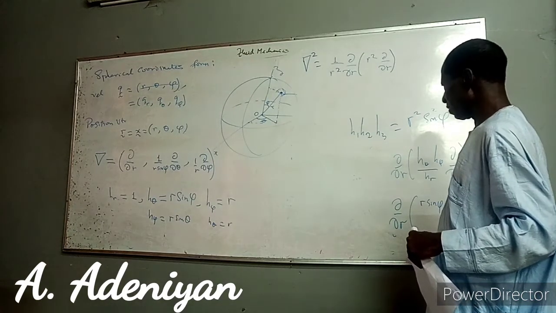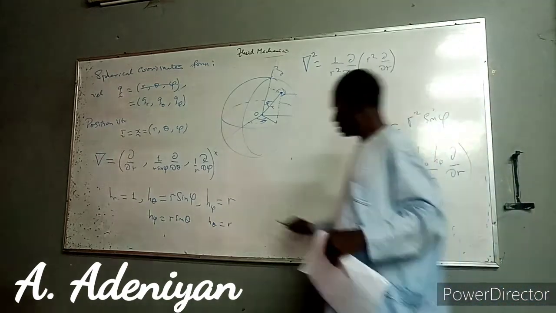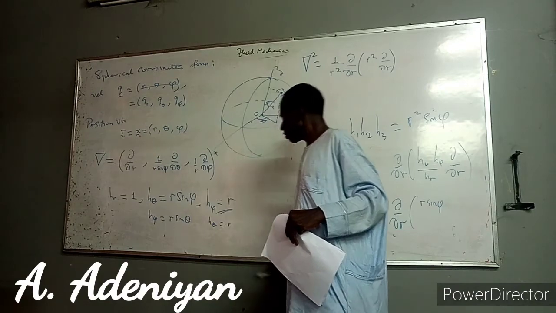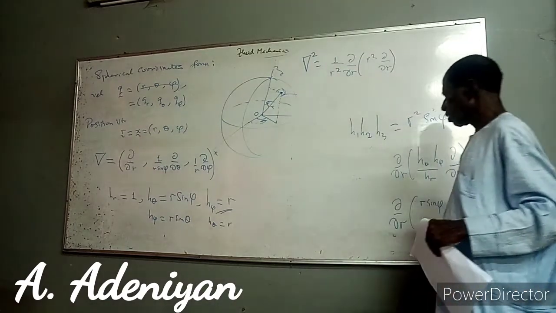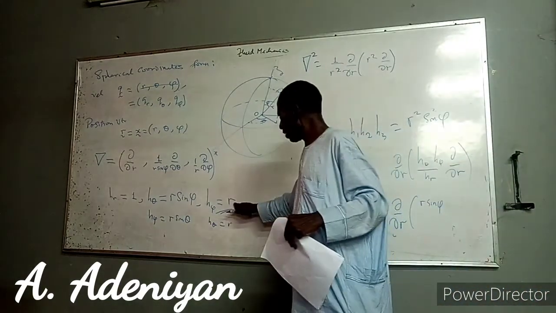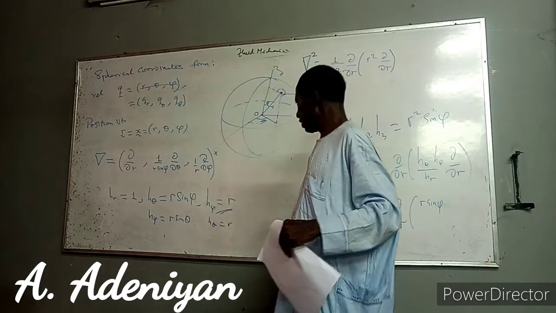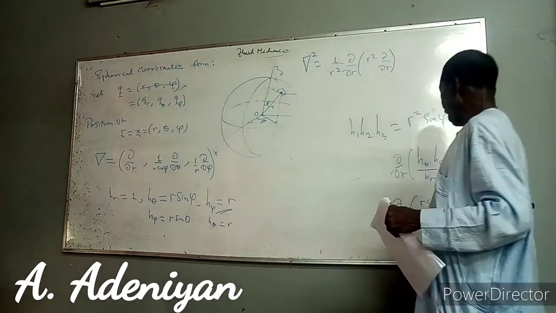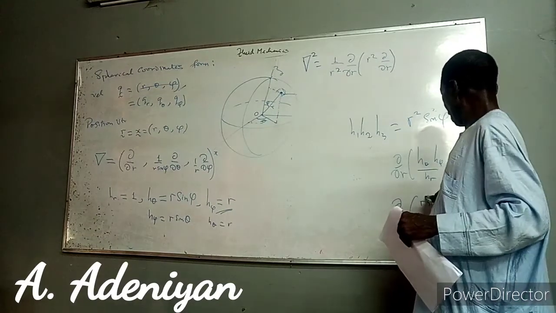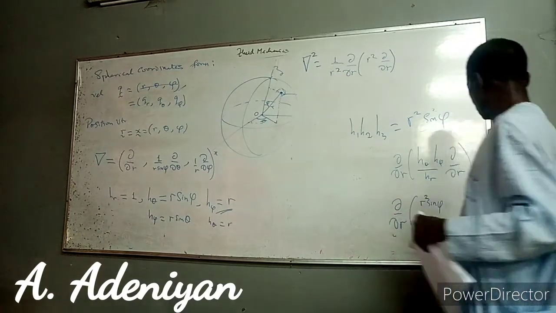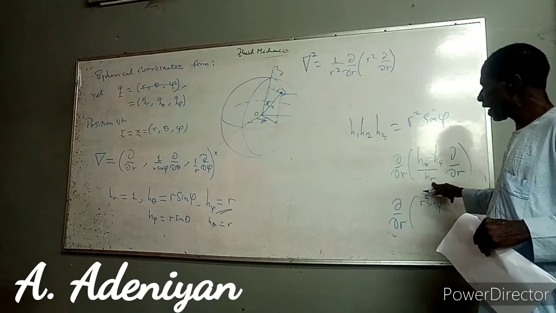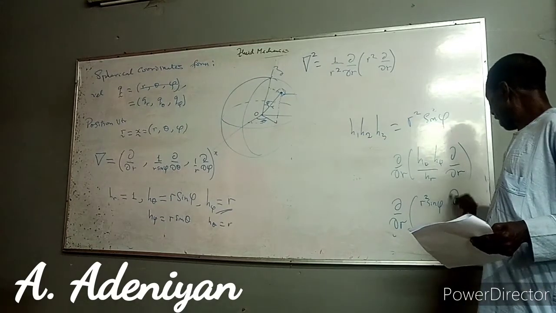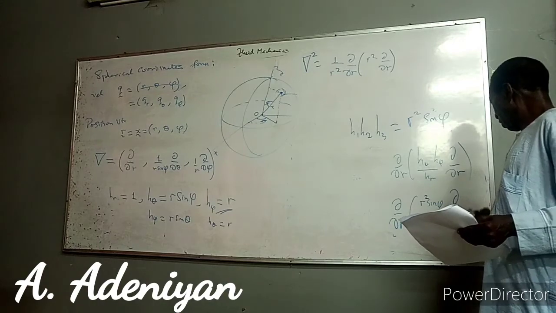No, there is an error. This one is 1. That is r. h phi is r. Okay? h theta is this. So when you multiply, what do you think? That is r squared sine phi. That's good. Then you divide by h r. h r is 1. Then you divide it by 1. It's theta. So now di r.